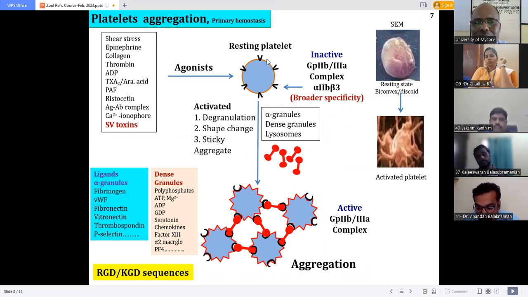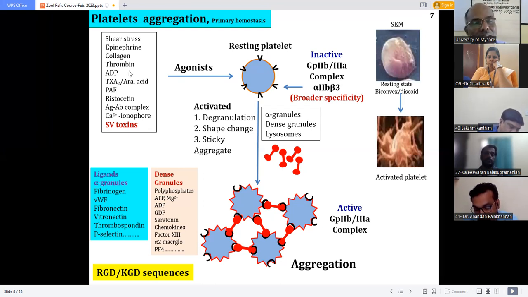So in the resting platelet, we have the shape change and the change in conformation of the fibrinogen receptor or von Willebrand factor receptor, and the agonists are plenty here. Shear stress can be an agonist. It can activate a platelet. Epinephrine can activate platelets.